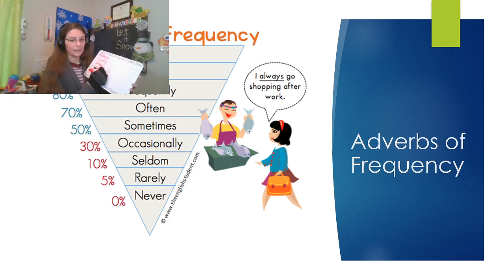Sometimes, we don't use occasionally very much. Seldom is another one we don't use a lot. Rarely and never. Another one that you actually don't see on here is hardly ever.